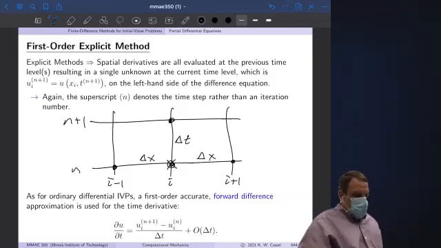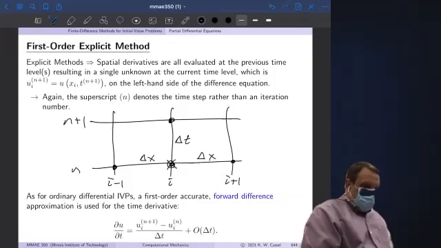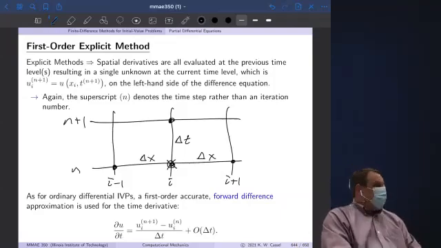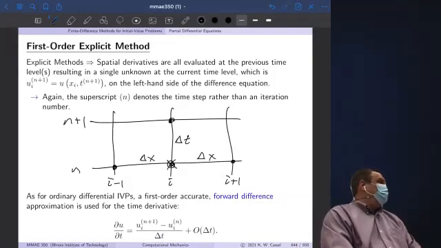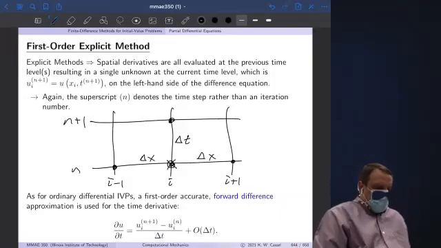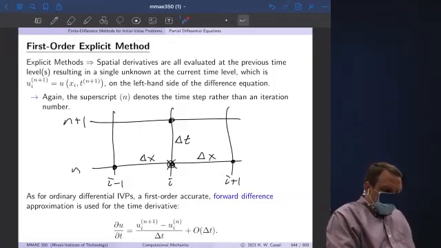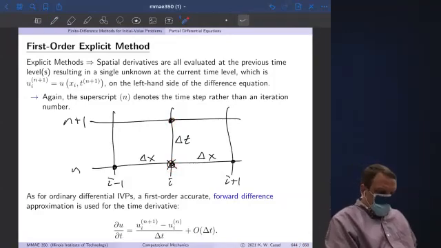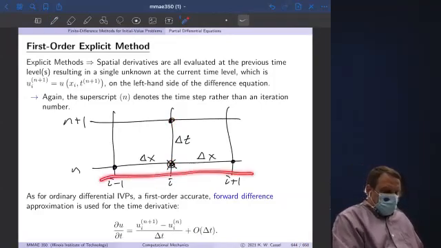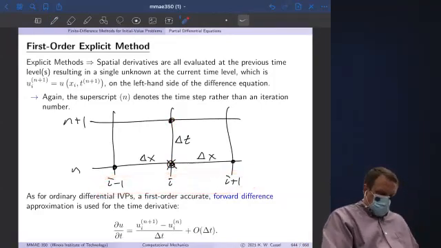So if you block out the left and right, then it looks just like our first order explicit method before. All I've done is I've shifted it so now time is up instead of to the right. And we have the previous time level here, and then the next time level here. But now we have the X dependence as well, the spatial dependence. So that gives us the i plus 1, i minus 1.